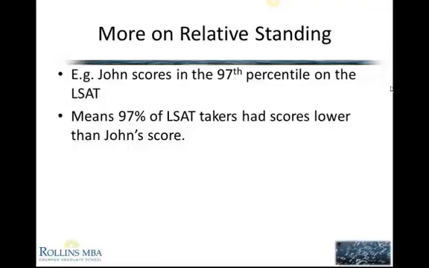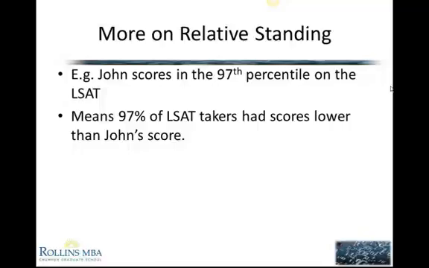Now, the way I phrased it in the top bullet is sort of the way we typically say it. But if I had my preferences, I'd say it a little differently. I would say John scores at the 97th percentile value, just to really drive home the fact that that value is a value and it's not a grouping. It's not in the 97th percentile, but the 97th percentile is really a specific value.